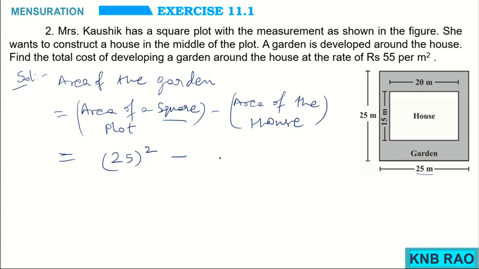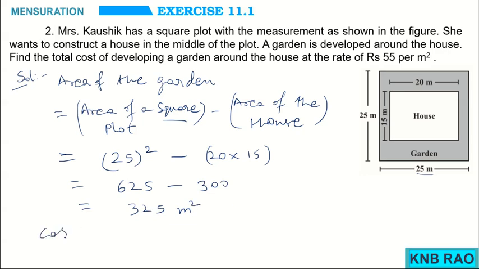Area of the rectangle is length into breadth, so it will be 20 into 15. After simplifying, 25 square is 625 and 20 into 15 is 300. Now the area of the garden is 325 square meters.